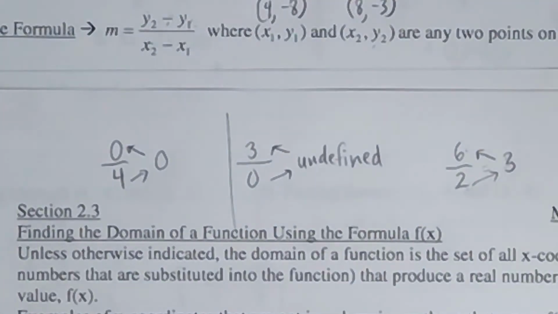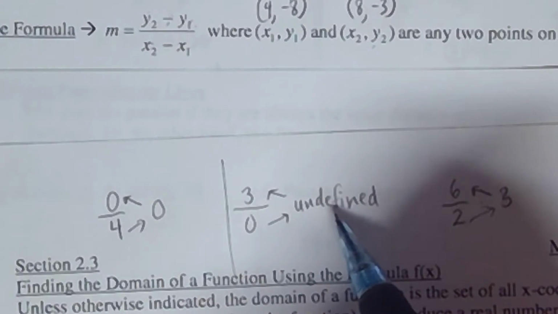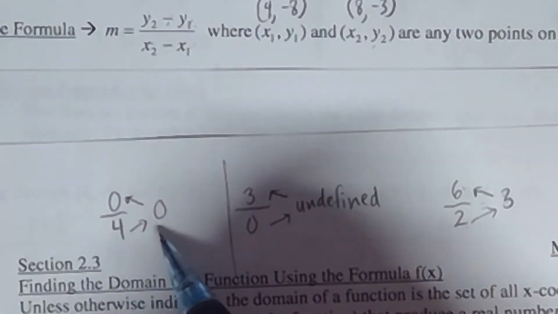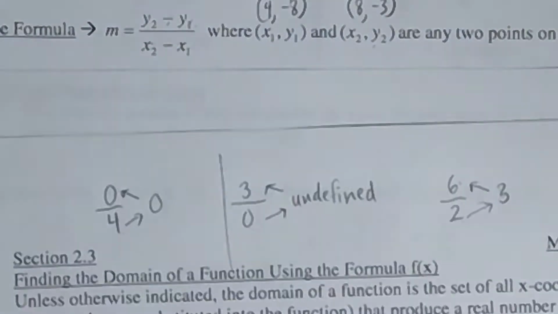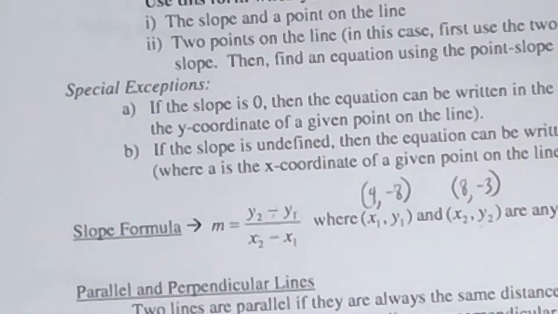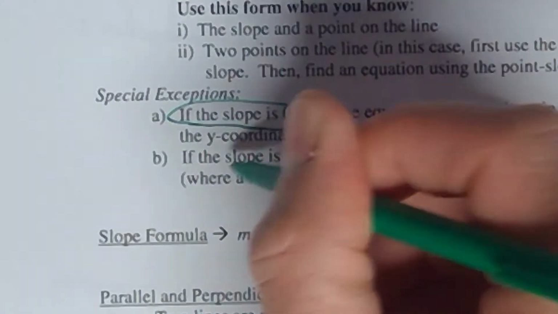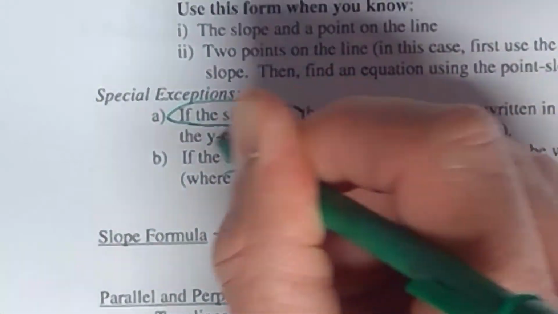So what I'm getting at here is this, you guys. Sometimes you're going to get a slope that's undefined. Sometimes you're going to get a slope that's 0. Okay? When one of those two things happens, let's go back to the front of your worksheet right now. Okay, see where it says right here, if the slope is 0, and if the slope is undefined?